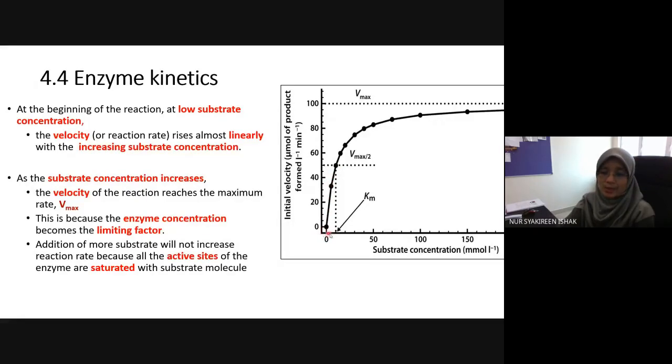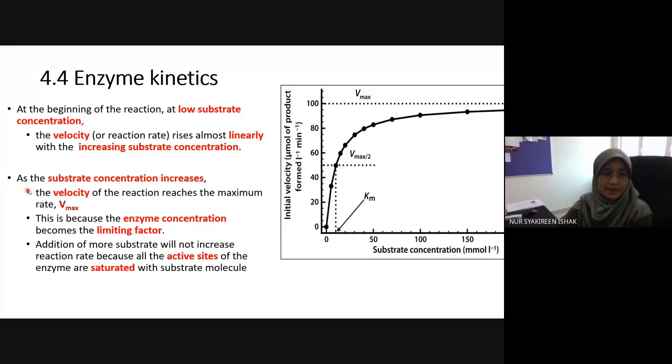Why? At this point you have plenty of enzyme for the substrate to bind to. You still have many enzymes for the substrate to bind to. So that's why the rate of reaction increases linearly at this point.